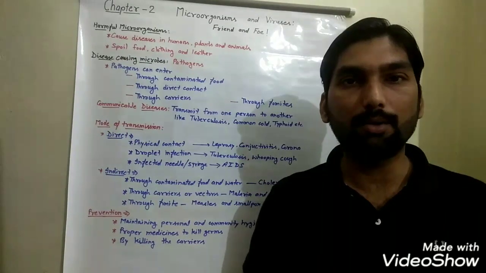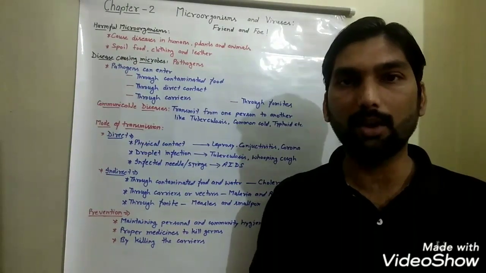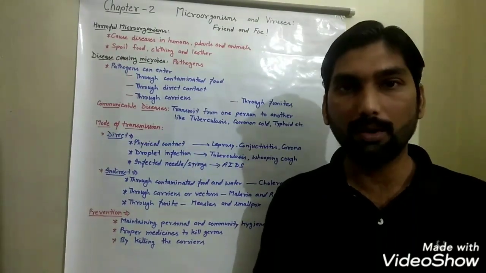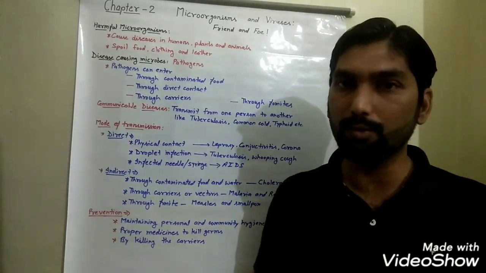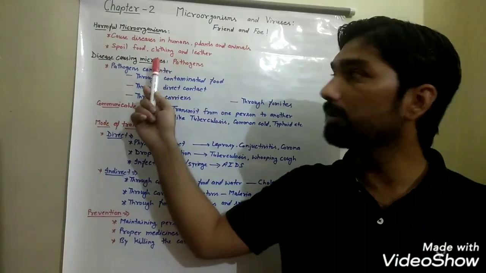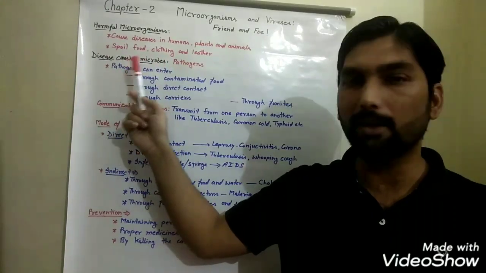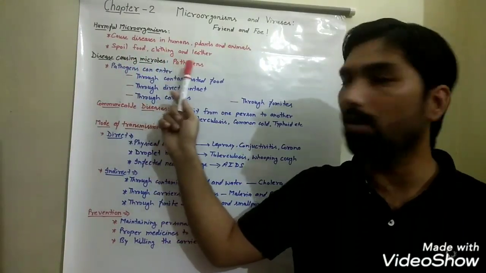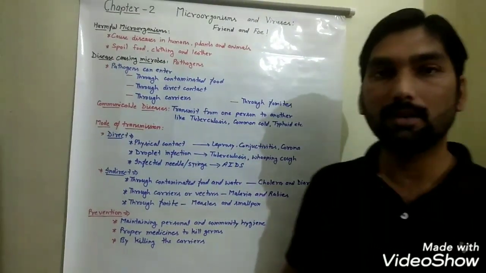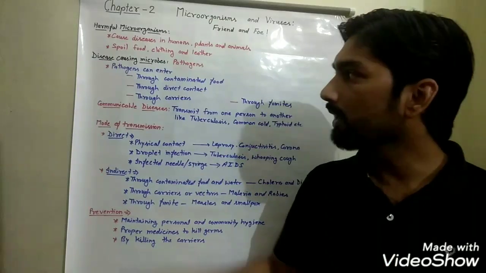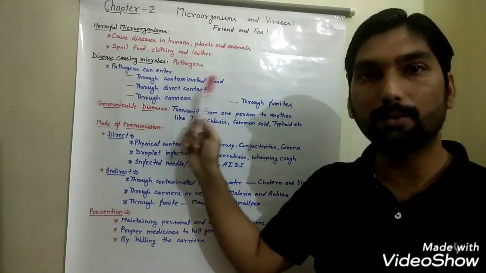A variety of microorganisms present in our surroundings are responsible for causing various diseases in plants, animals and humans too. The microbes which cause disease in any body are known as pathogens or germs, and these pathogens may enter a healthy body through contaminated food.